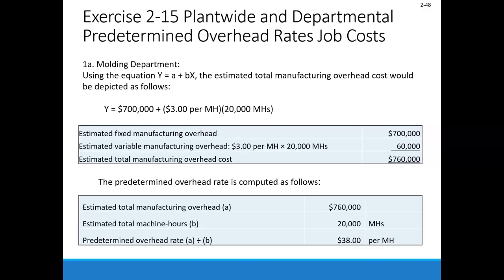Divide that by our estimated machine hours, means in the molding department, we're going to assign $38 per machine hour. Now in the fab department, they estimated our fixed. We estimate $1 per machine hour at 30,000 machine hours to come up with a $240,000 estimated total manufacturing. Dividing that by our estimated hours gives us $8 per machine hour, the predetermined rate.